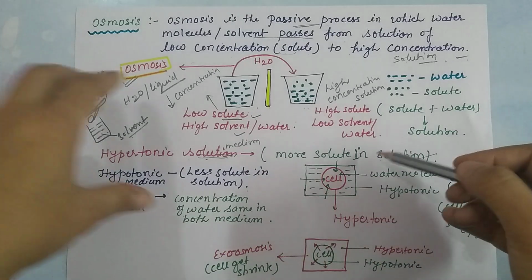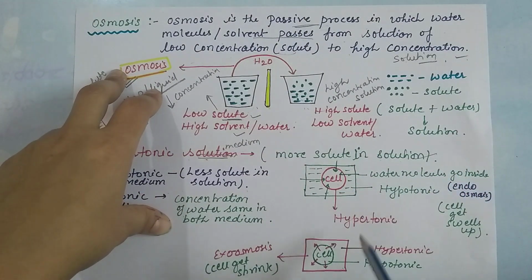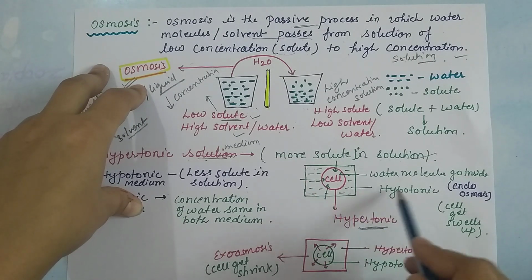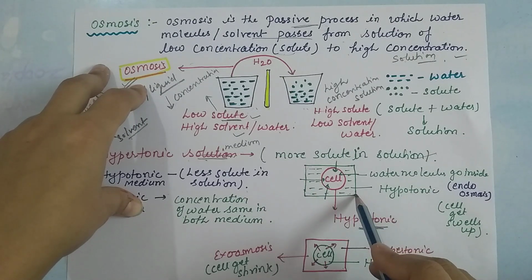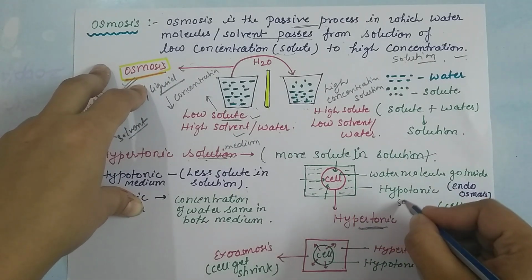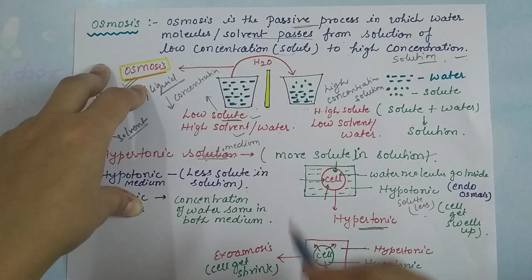So let's take an example. If this is a cell and the cell is hypertonic, it means solute is more in it, and it is placed in a hypotonic medium in which solute is less. What happens?